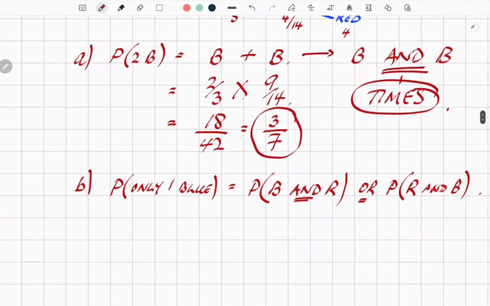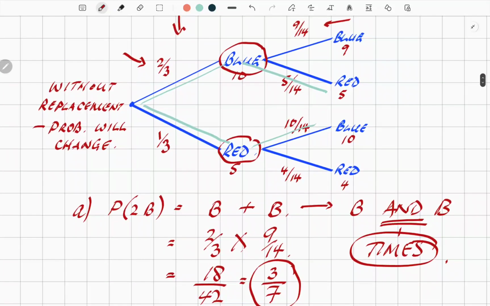So in this case, using our diagram again, we want a blue first and then a red. So the blue first we know is 2/3, and then the red after that is 5/14.